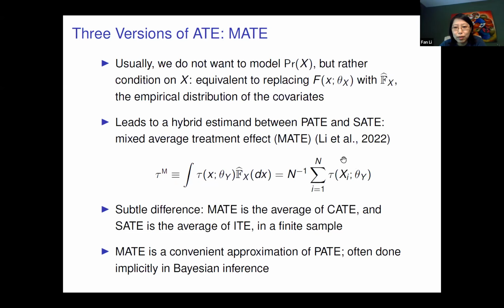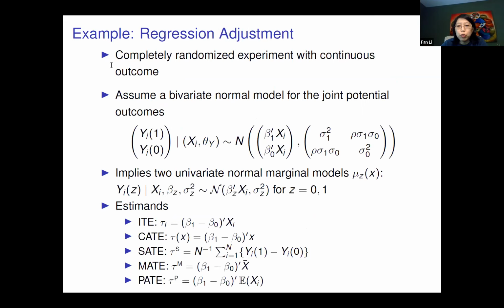There's a subtle difference: MATE is the average of CATE, while SATE is the average of ITE in a finite sample. In practice, MATE is a convenient approximation of PATE, and as I mentioned earlier, it is often done implicitly in Bayesian inference. To show you the difference between these, let me give you a simple example.